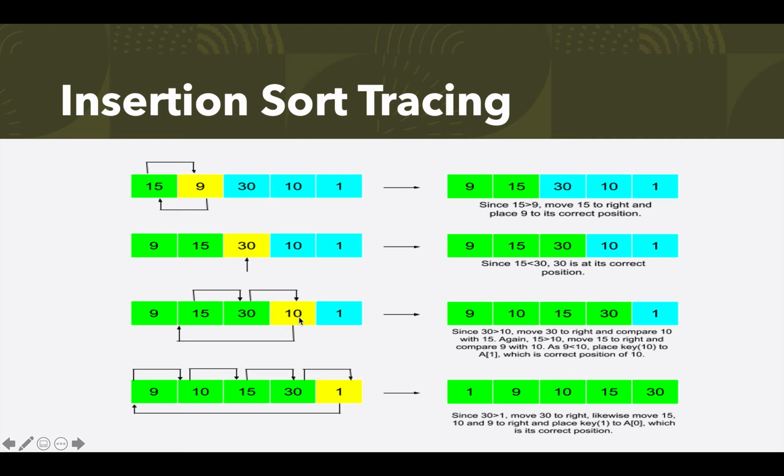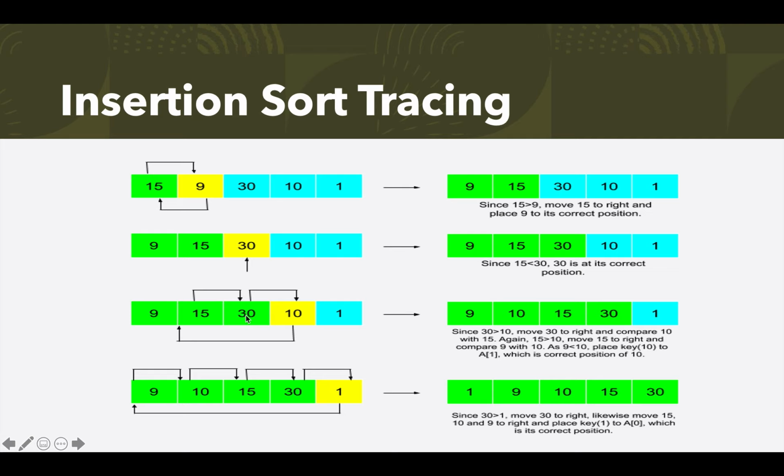Next comes 10. So 10 is compared with 30. 30 is greater than 10. Again 10 is compared with 15, and 15 is greater than 10. Again you compare with 9, and you understand that 10 is greater than 9. So I have to insert 10 between 9 and 15, so I have to make room for that.